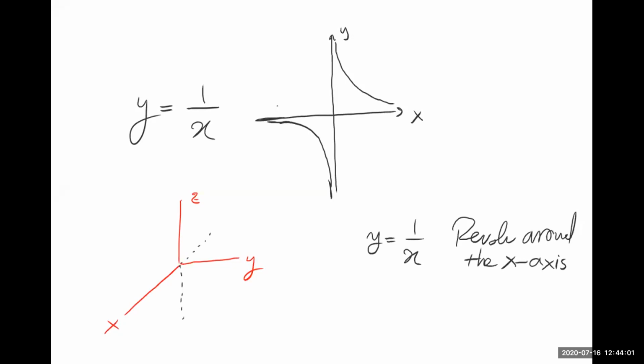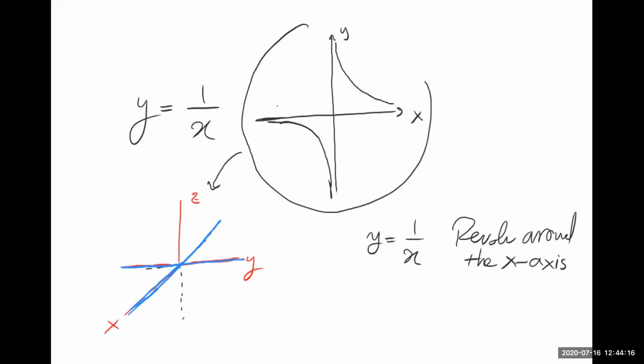So we have this equation y equals 1 over x. Here, the y plane is this plane. I would show it with blue. We should draw the graph of this function on this plane, right? It would be something like this. And then we need to revolve it about the x-axis. It would become something like this.